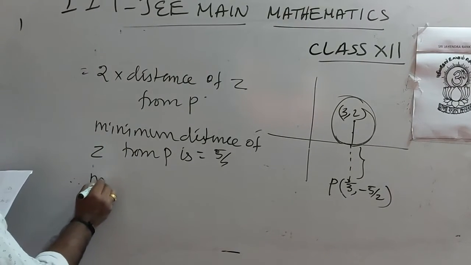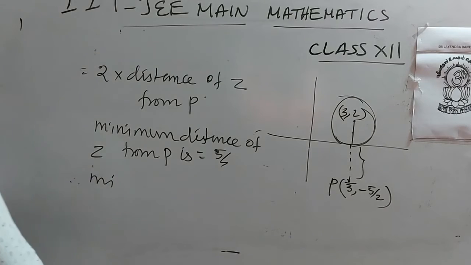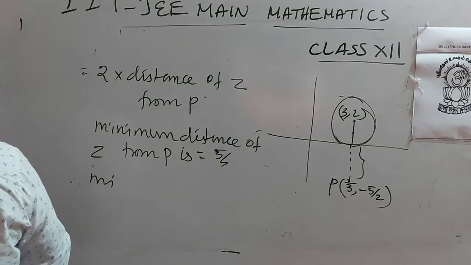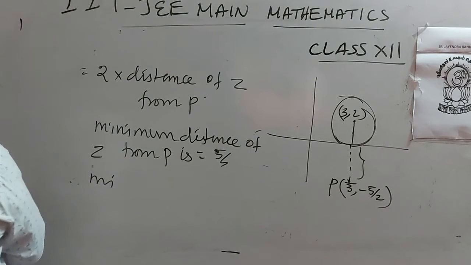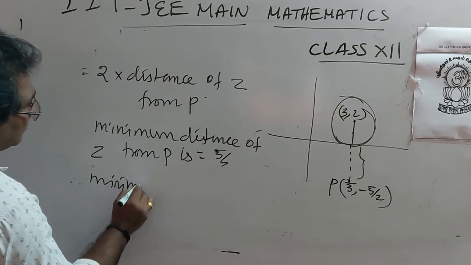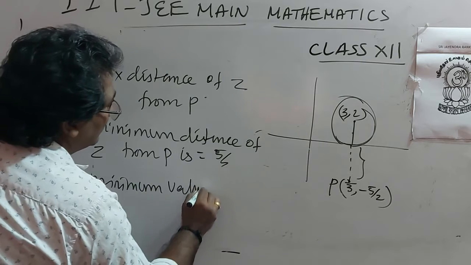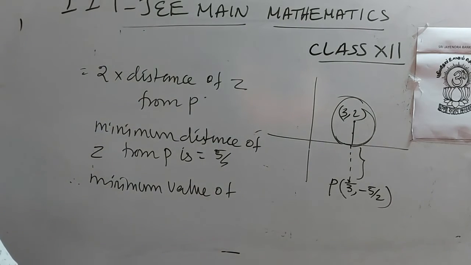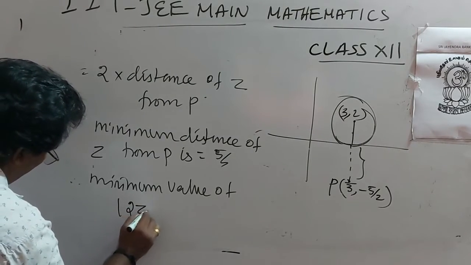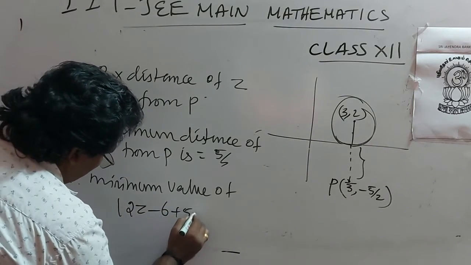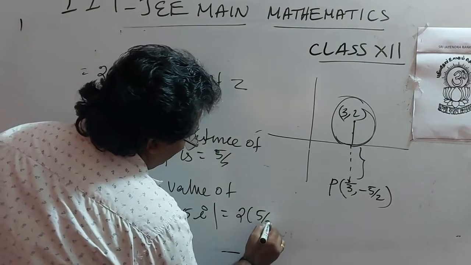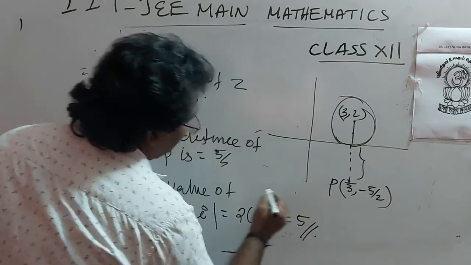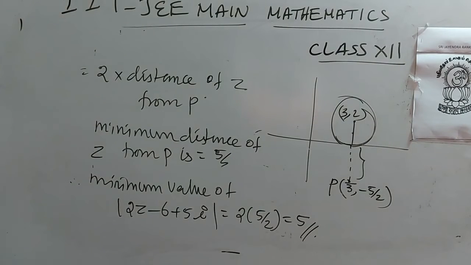Therefore, the minimum value of |2z − 6 + 5i| equals 2 into 5 by 2, that is 5. It's a numerical type question.